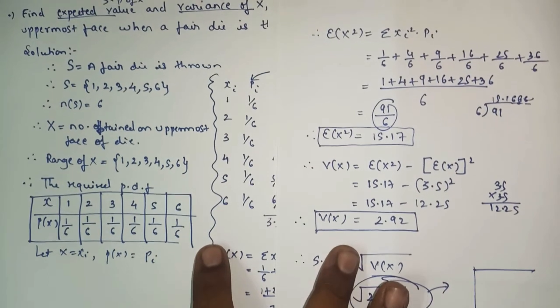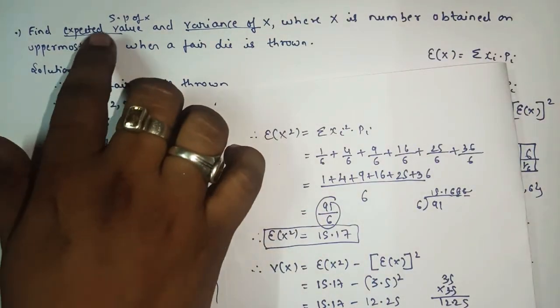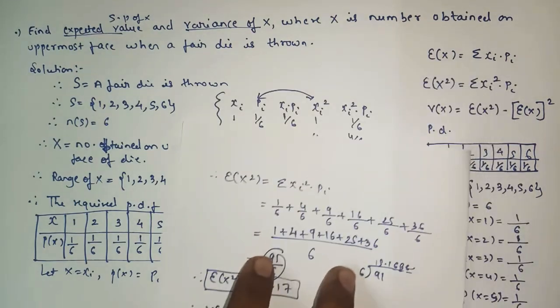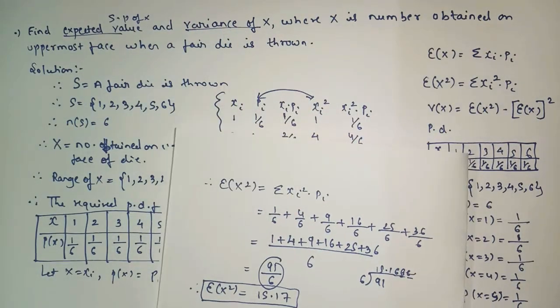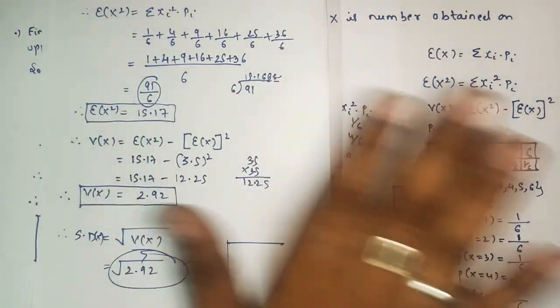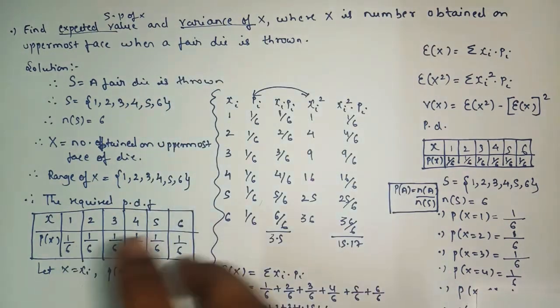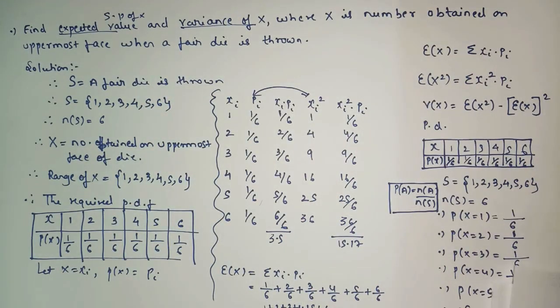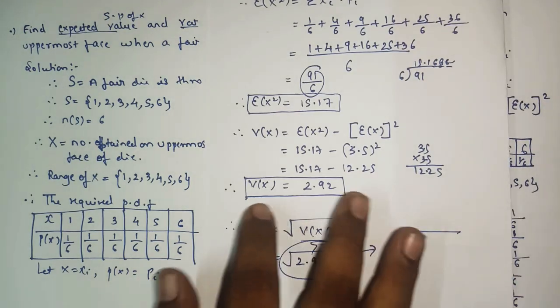So sometimes in the board exam, it will say that you have to find the standard deviation of x. In place of expected value and variance, they will give standard deviation of x. So remember, to find the standard deviation of x, the sum will be the same as it is. First this part, then the required PDF, e of x square, v of x, all the things you have to find.